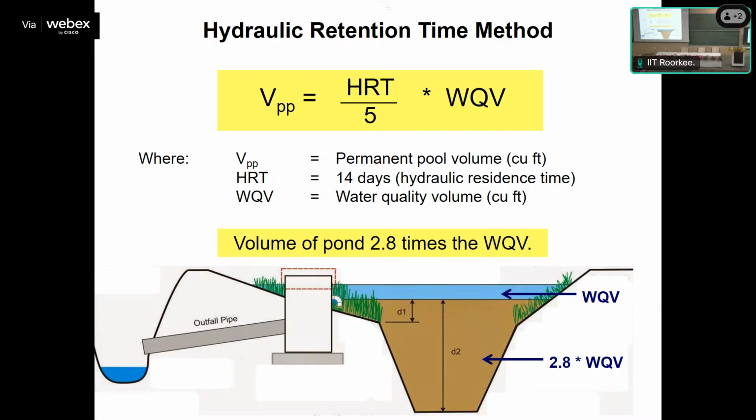If you're a developer, many developers are like, hey, how much space do we have to dedicate to that stormwater device? And you're like, hey, can I make that a little smaller? All right, because to them, space is money, right? So if it's up to the developer, perhaps not all of them, what depth are you going to divide into your water quality volume to figure out the surface area of your pond?